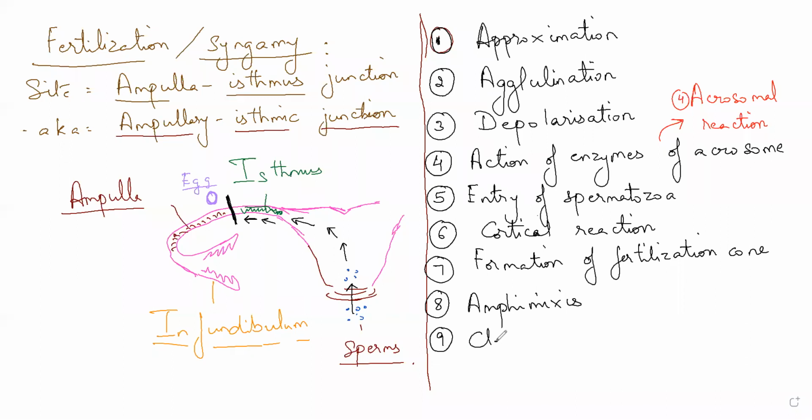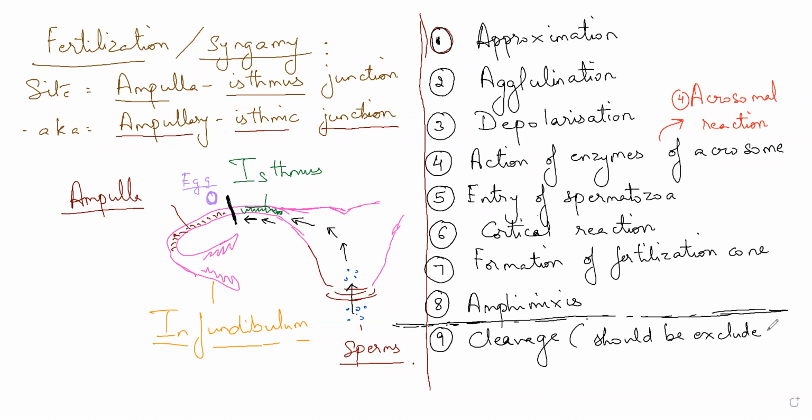Then cleavage: the division of the zygote immediately. Sometimes cleavage is written as a part of a step in fertilization, and sometimes it is excluded. It is better to exclude this step because it is related to embryogenesis. So it should be excluded. The best is to study fertilization in these 8 steps.